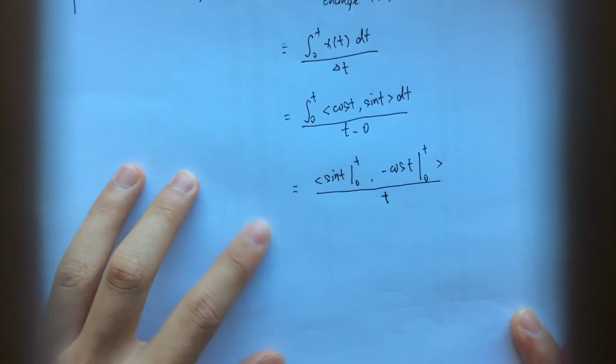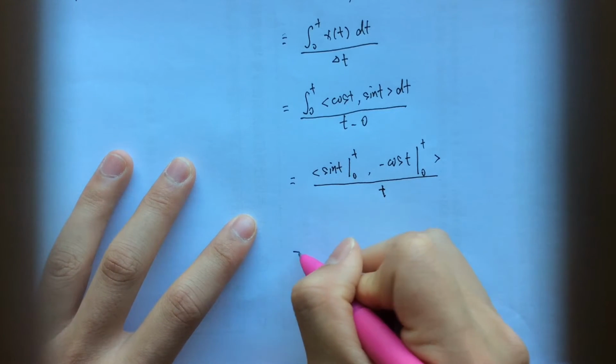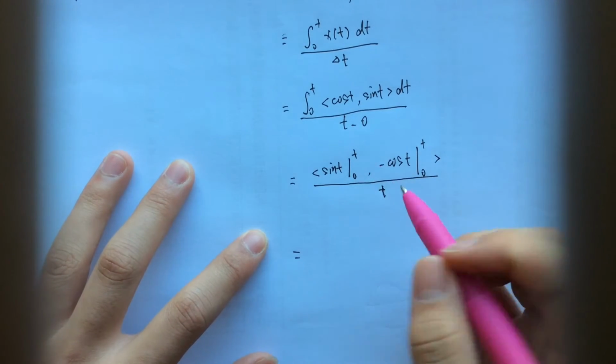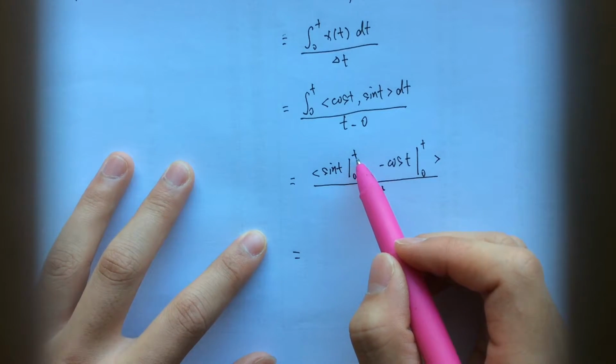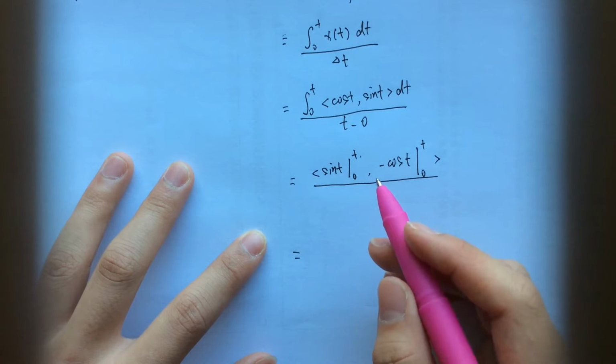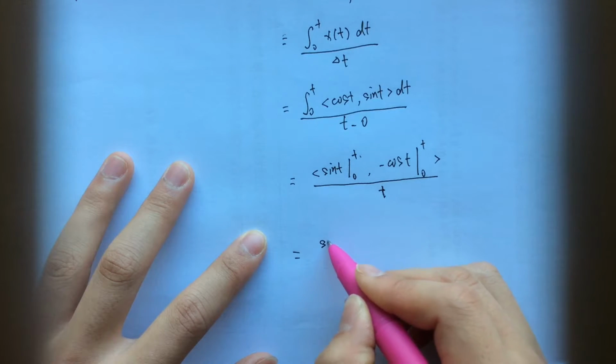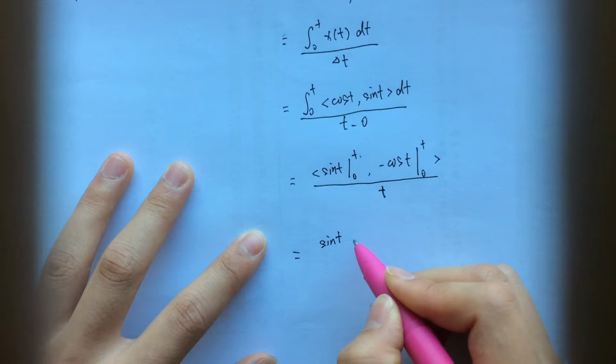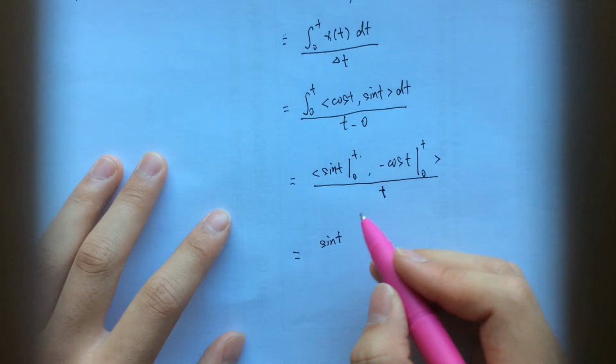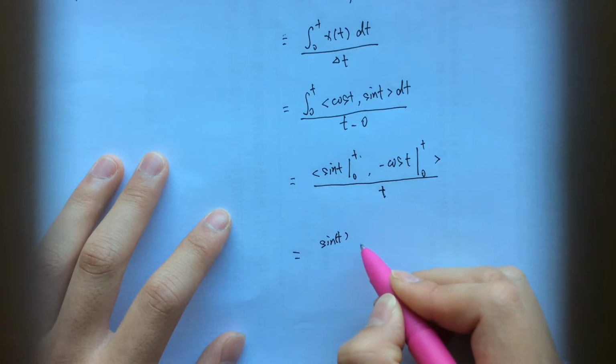Okay. And next we need to plug our limits of integration in. This one will be sine t minus sine 0, which is 0. I'm not going to write it.